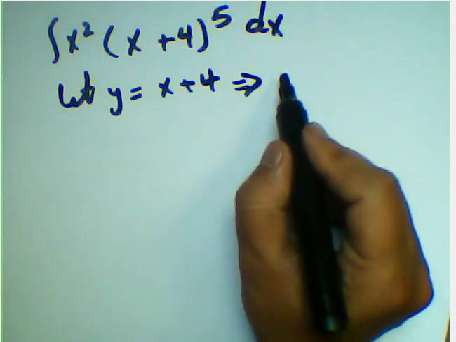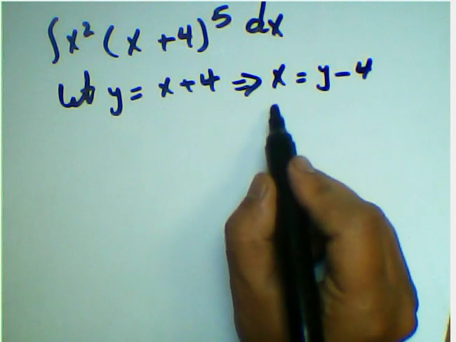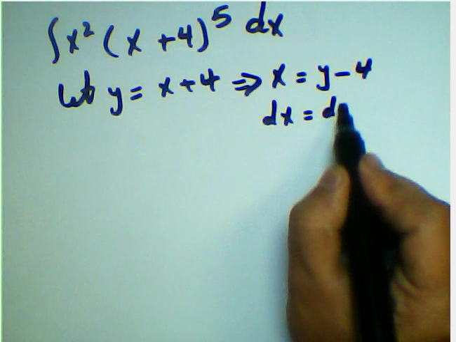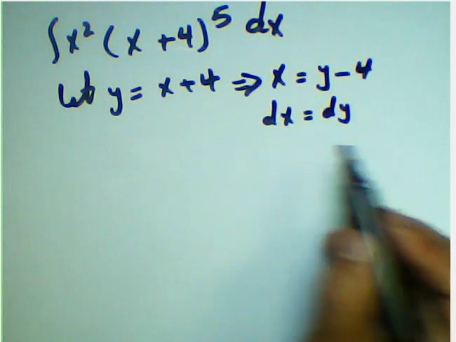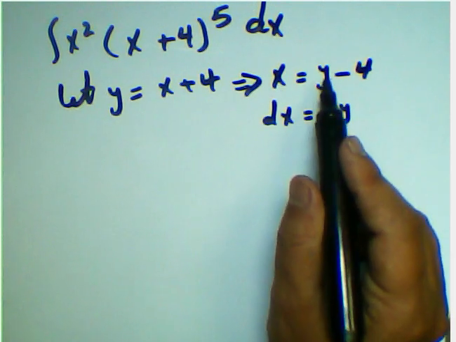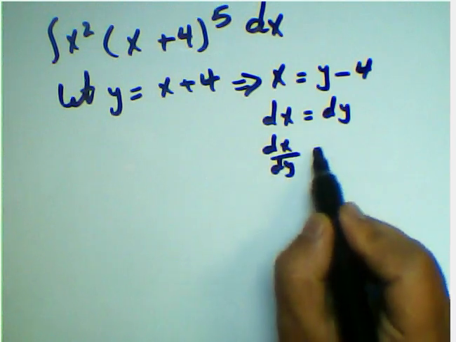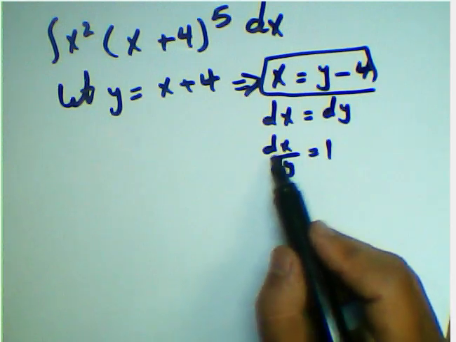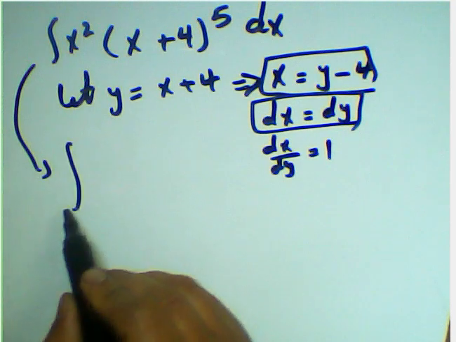Then we can find x equal y minus 4, and then dx equal dy, because we differentiate this function by y. dx over dy equals 1. Doing cross multiplication here, dx equals dy.